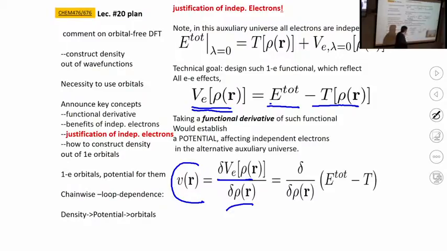So this is maybe another form of the equation. V, the external potential in the auxiliary world of Kohn and Sham, is the functional derivative of total energy minus kinetic over the increment of density. We are not yet done. When we are done, you'll start seeing the beauty of this theory, which is so much simpler and quicker than the direct wave function theory, and as a price for it, we use a couple of counterintuitive steps.